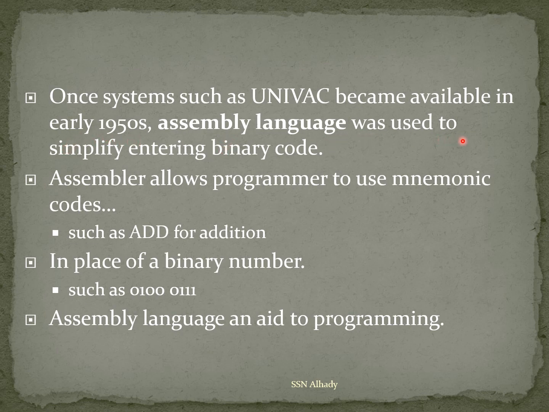Assembly language was used to simplify entering binary code. Rather than using binary, meaning machine code, you have assembly language, where the assembler allows the programmer to use a mnemonic, for example, add for addition, and so on.